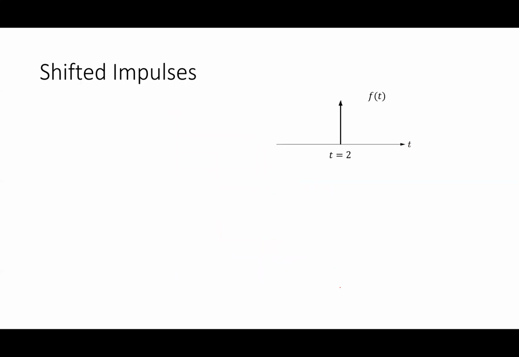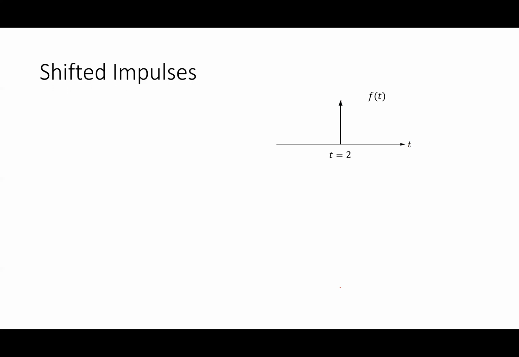One of the things it's also important for me to talk about is this idea of what I would call a shifted impulse. We're going to talk about shifting and scaling and all that kind of stuff with functions a little bit more in the future. But let's say I have this f of t, which is an impulse located at t equal to 2.